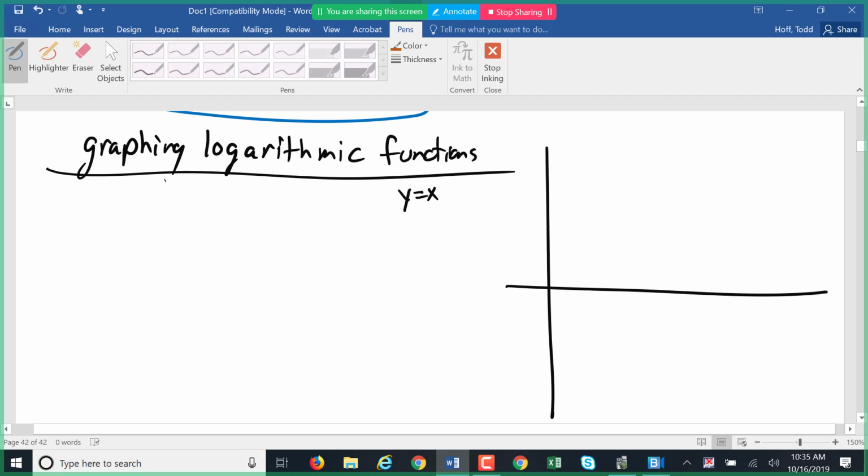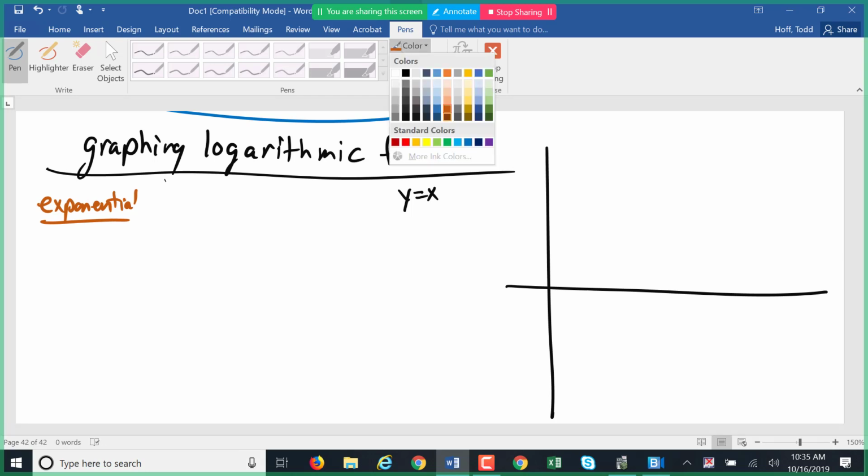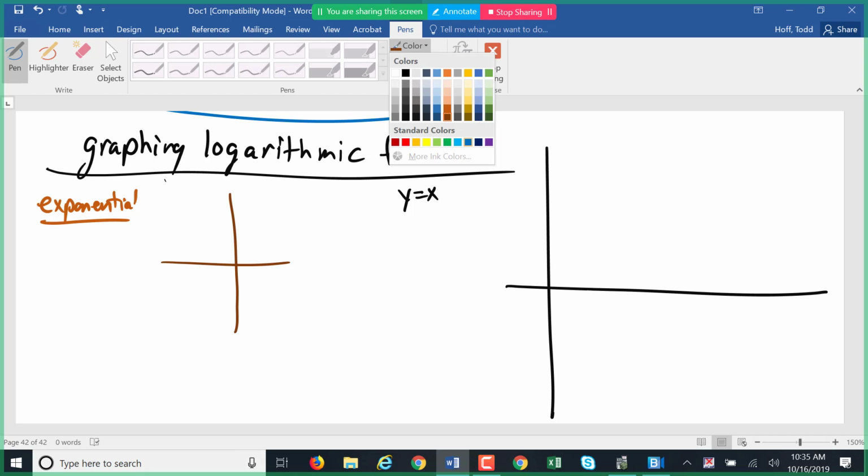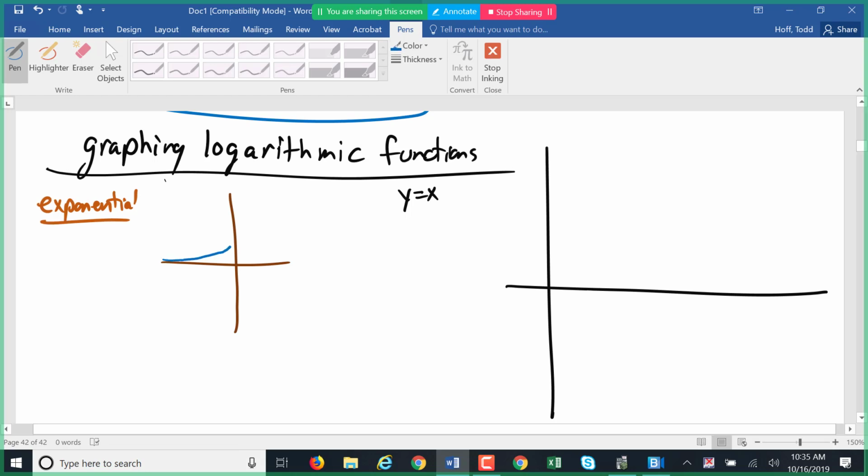So the logarithm is an inverse of an exponential, and the graph of an exponential function looked either like this or like this.